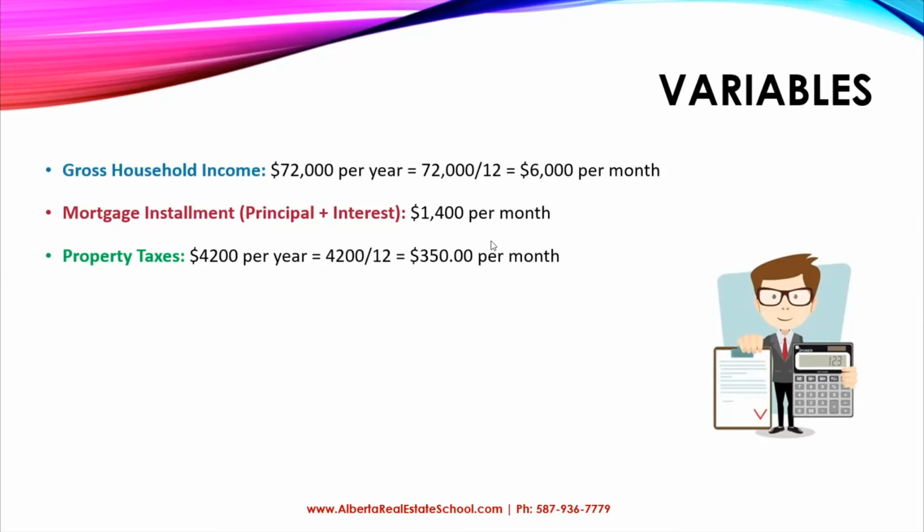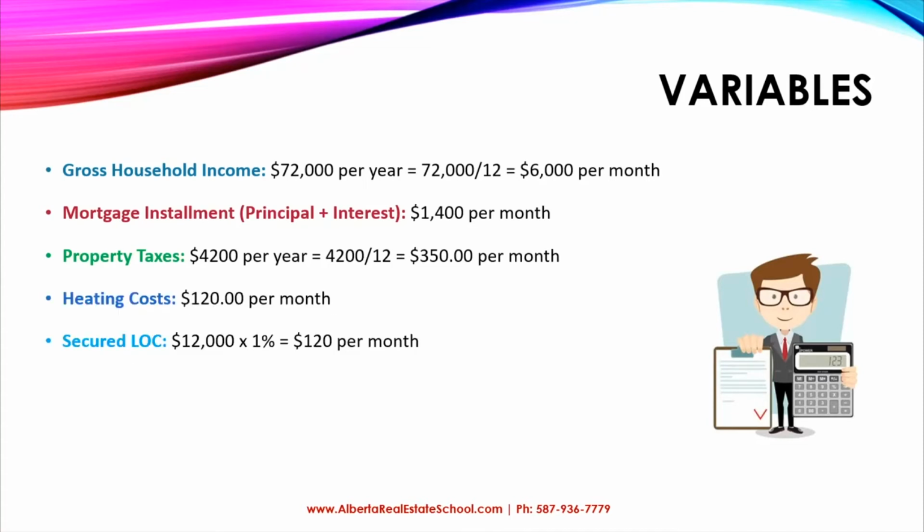So we'll divide that by 12, which gives us $350 per month. The heating costs are $120 per month. And their line of credit, which is a secured line of credit, has an outstanding balance of $12,000. So in this case, we will take 1% of that, and that gives us $120 per month. So those are the variables that we are going to use.